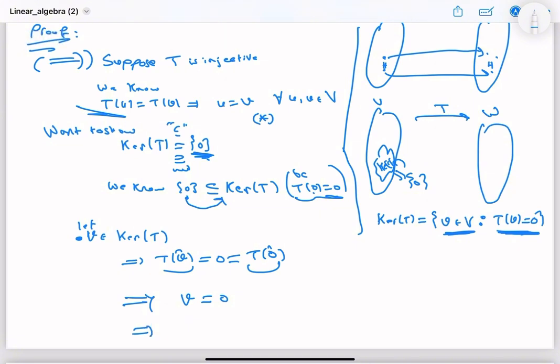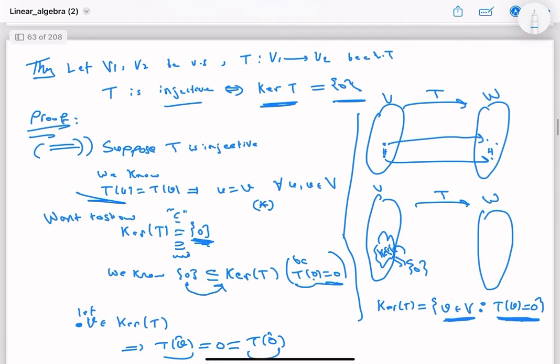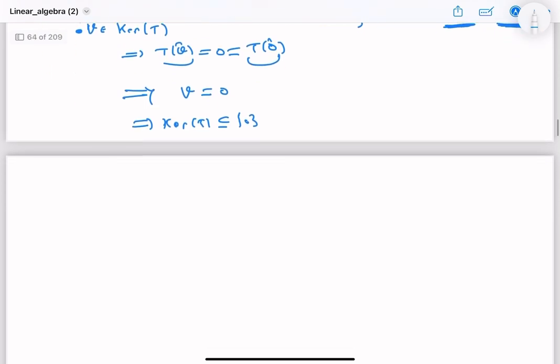This implies that the kernel of T is contained in this zero singleton. And this is the proof of the forward direction. So let us now prove the backwards direction. We want to assume that the kernel is the zero singleton, and we want to prove that the linear transformation is injective. So let us prove this now.